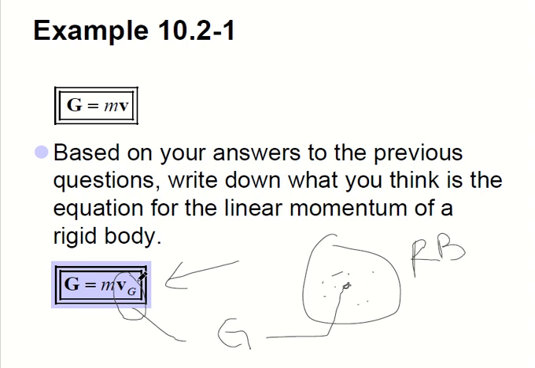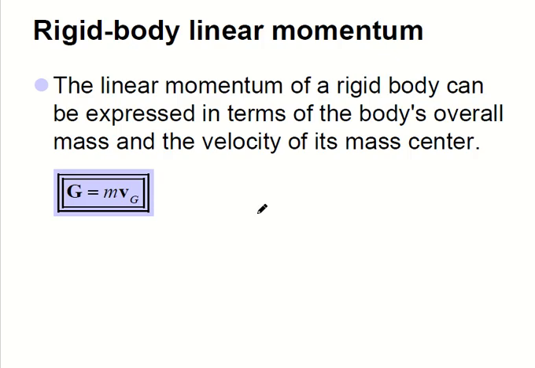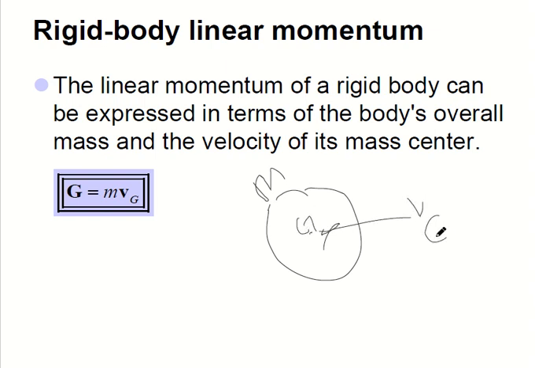When you write it in a momentum way, we write mass m, going with the velocity, and we want that velocity referenced to the g point. So the linear momentum of a rigid body you can express in terms of the body's overall mass and the velocity of that mass center, which is simply written with that little equation.